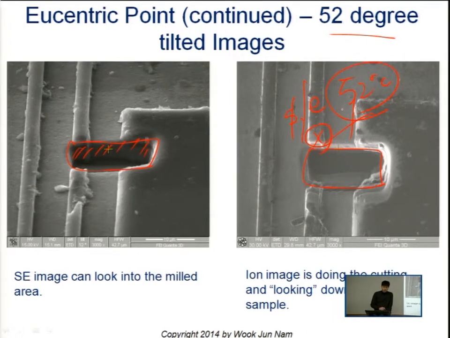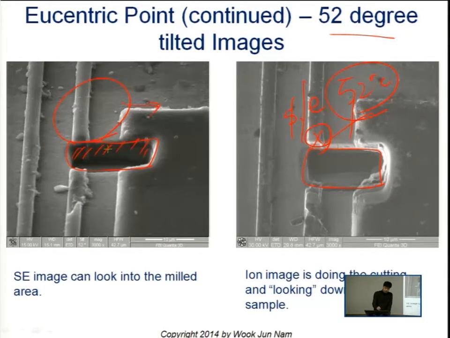column. If your sample is not positioned at the eucentric point, as you rotate your sample, these images keep changing their location. They keep moving from one side to the other.